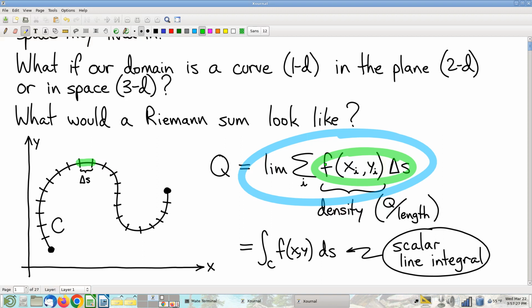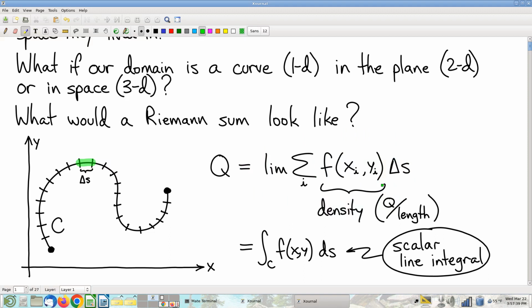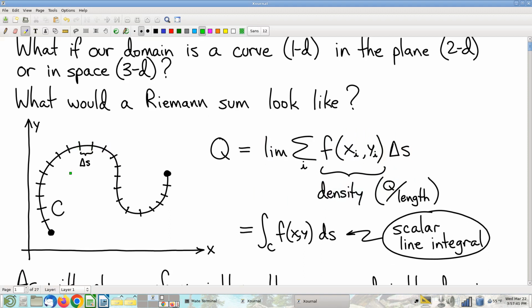Now, how to actually compute this, how to get answers, totally separate matter. We'll get to that in a minute. But just big picture strategy, this is just chop it up, add it up, applied to a geometrically new situation. Okay. Alrighty, let's talk notation. I hope this notation doesn't come as too big of a surprise. We're going to use an integral symbol to represent the summation limit thing, as we always do.